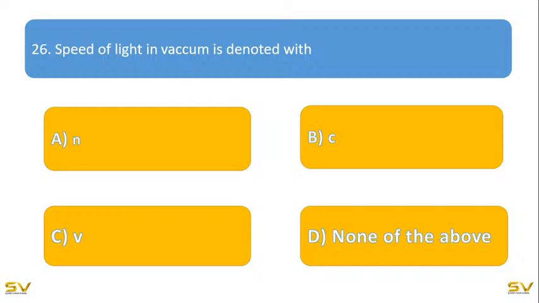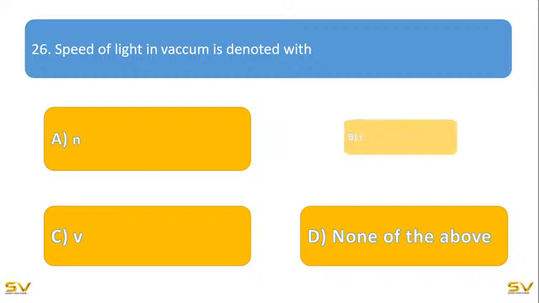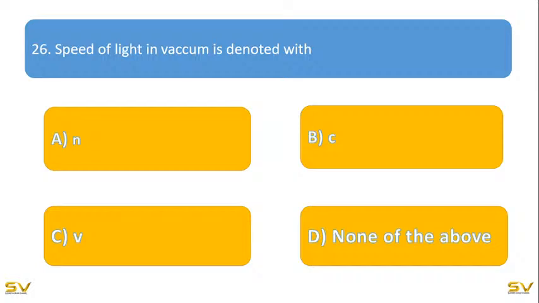Yes, your guess is right. It's not option C, it's option B. So the answer is C, and the option is B. So B contains C. Okay, very good.